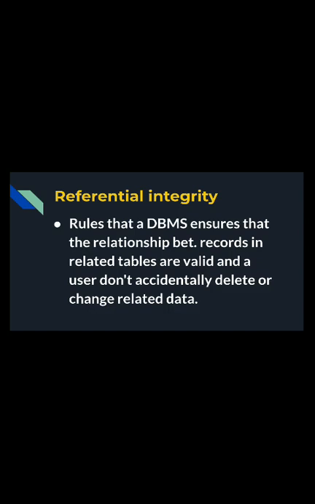Next, we should know what referential integrity is. These are the rules set by the DBMS to ensure that the relationships between records in related tables are valid and that users don't accidentally delete or change related data. When we create two tables and link them, how is the link created?